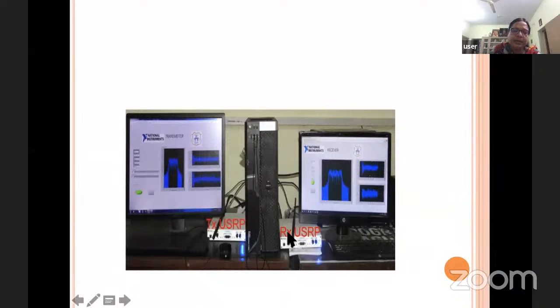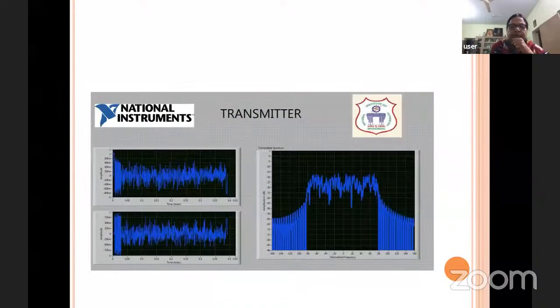For pictures, to show the entire picture in one shot, we placed both the transmitter and receiver nearby. But frankly speaking, the transmitter and receiver were kept at two different locations, and we have measured the distance. We have measured the communication link. So you can see the transmitted I and Q data and their power spectral density, PSD.